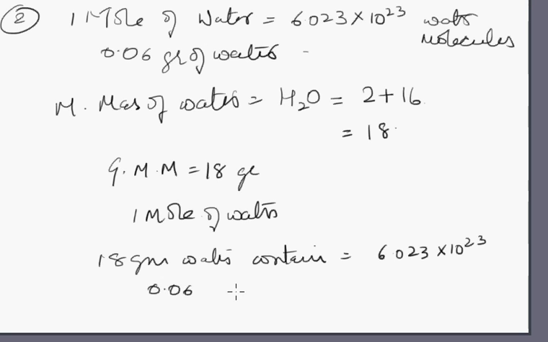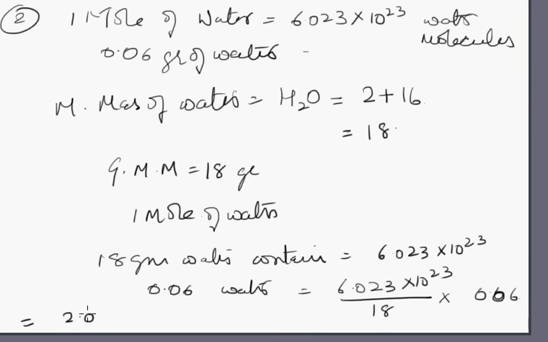Now 0.06 grams of water contains, by a simple mathematical calculation, 6.023 into 10 to the power 23 upon the gram molecular mass into the given weight. The result comes out to 2.007 into 10 to the power 21 molecules present in that water.